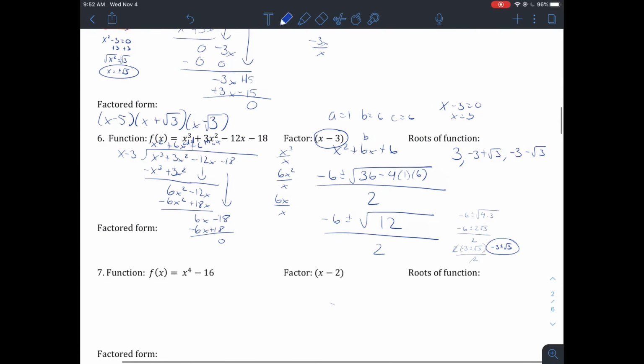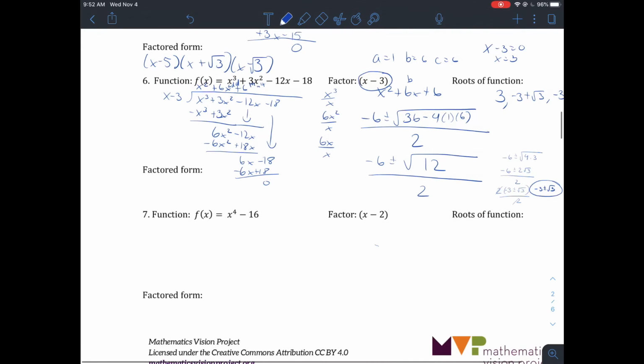So that's how you get the roots. Now, to put that in factored form, we're going to do x minus 3. And then we have to subtract our roots, right? So we do x minus negative 3 plus root 3 and x minus negative 3 minus root 3.